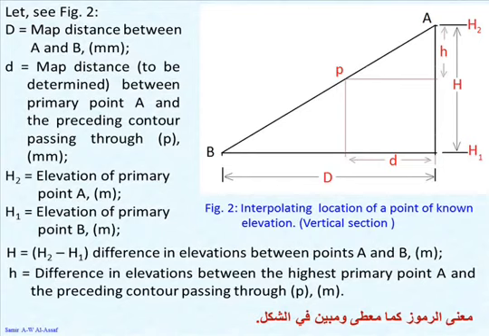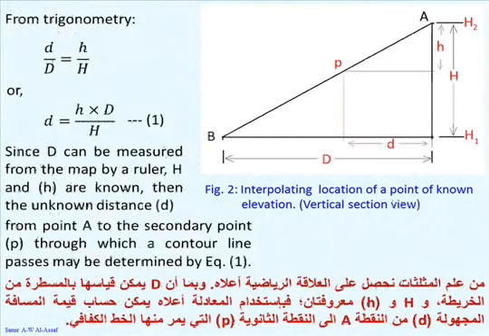Capital H sub 1 equals elevation of primary point B in meters. Capital H equals capital H sub 2 minus capital H sub 1, the difference in elevations between points A and B in meters. Small h equals the difference in elevations between the highest primary point A and the preceding contour passing through P in meters.